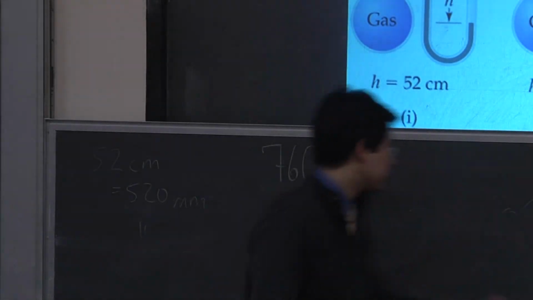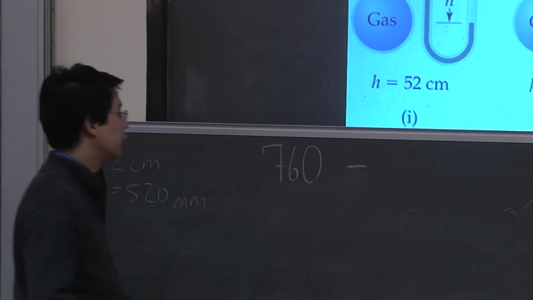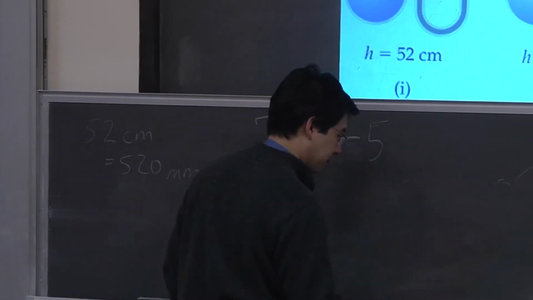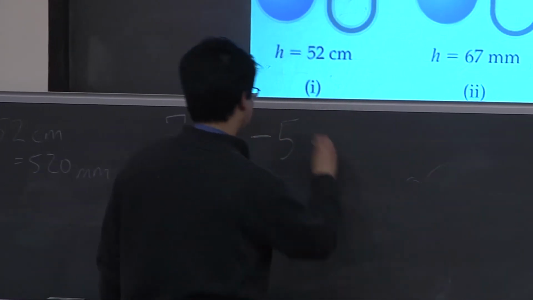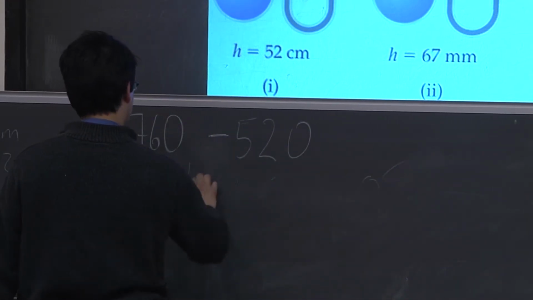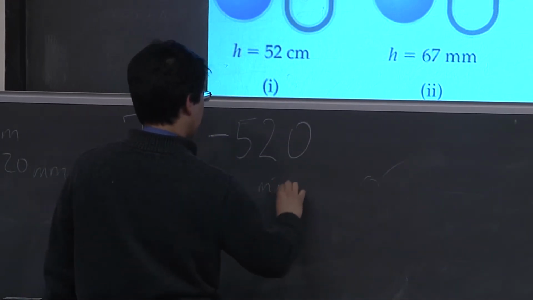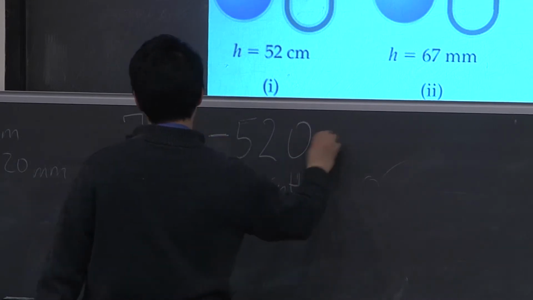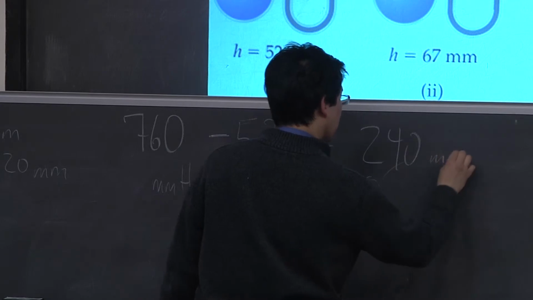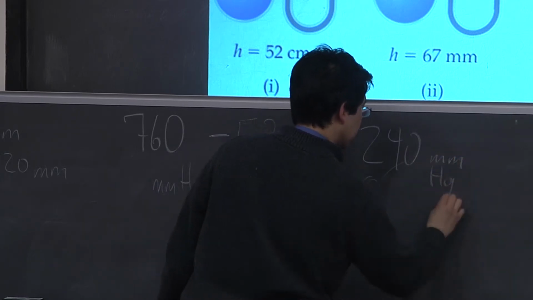If you don't believe me, you can check, but that is correct. This is going to be 760 minus 520 millimeters of mercury, which gives me 240 millimeters of mercury.